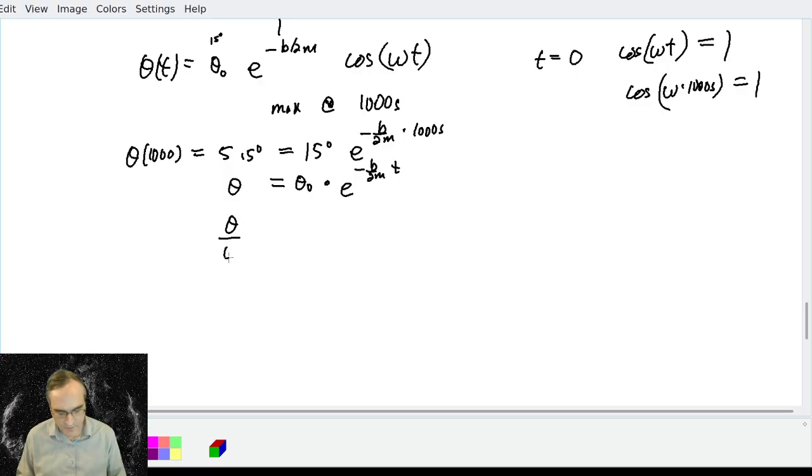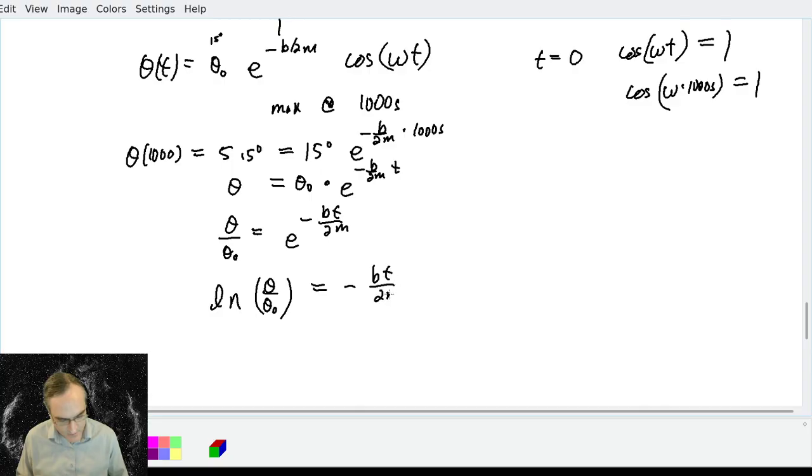So theta over theta naught is e to the minus bt over 2m. Natural log of both sides is what we'll need to use to get rid of the exponentiation, the e to the power. Minus bt over 2m.